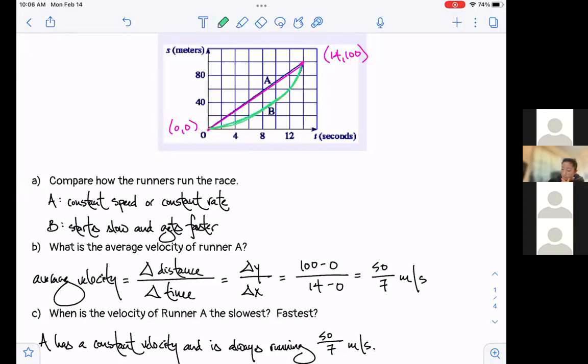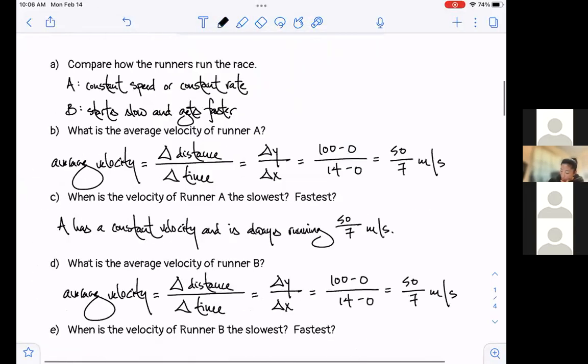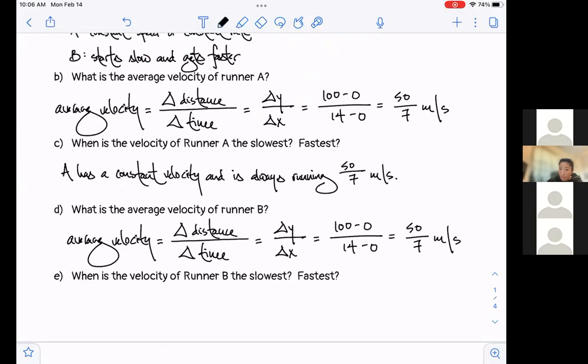And so that gives us a little bit of language to answer this question here. When is the velocity of runner B the slowest? We can say B has the slowest velocity at the start.